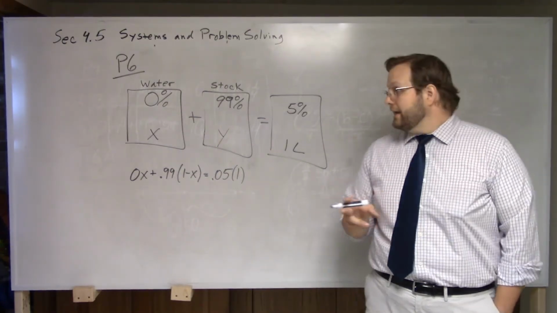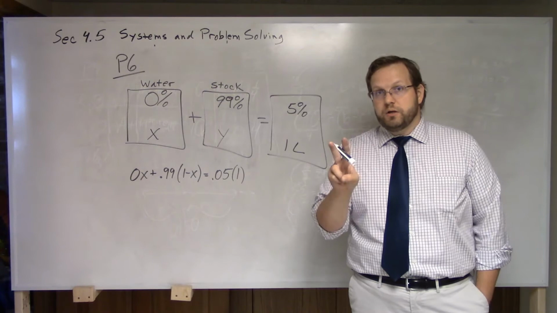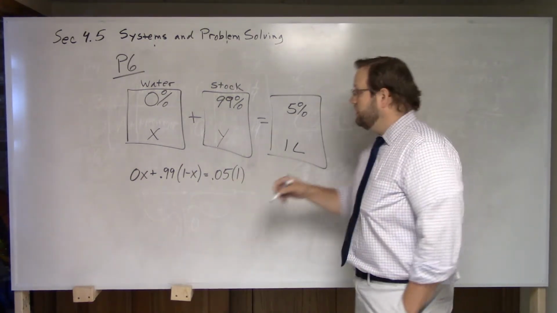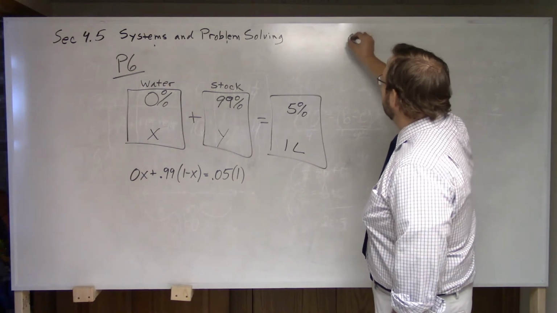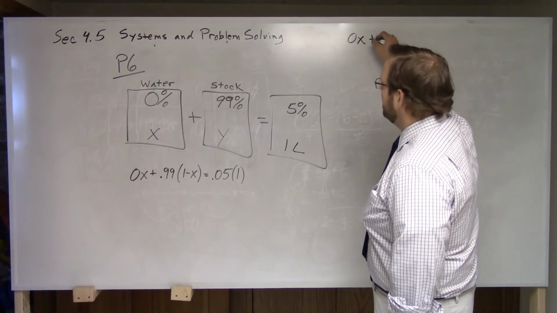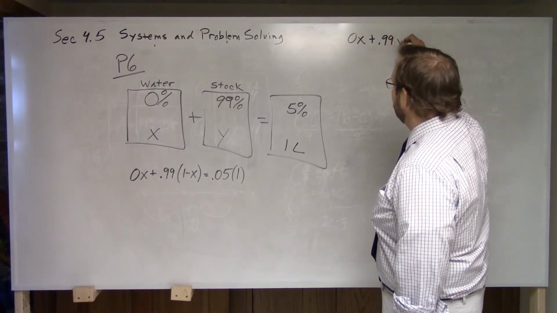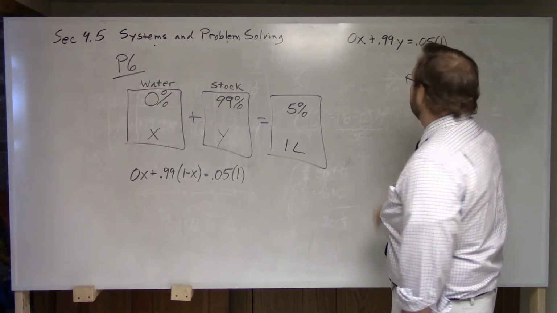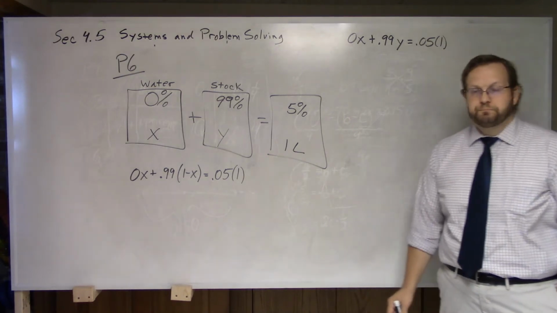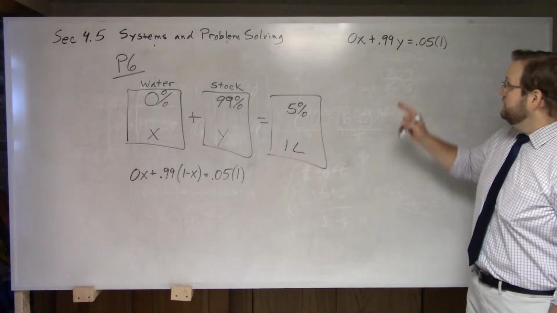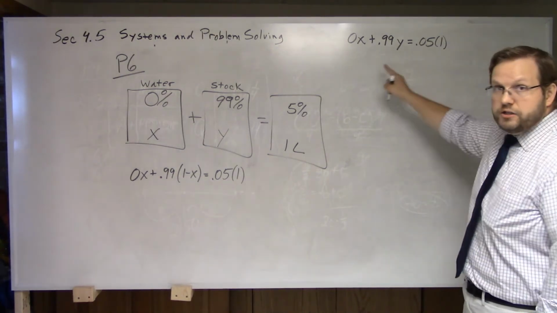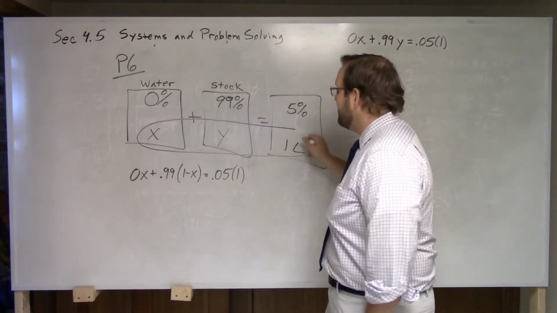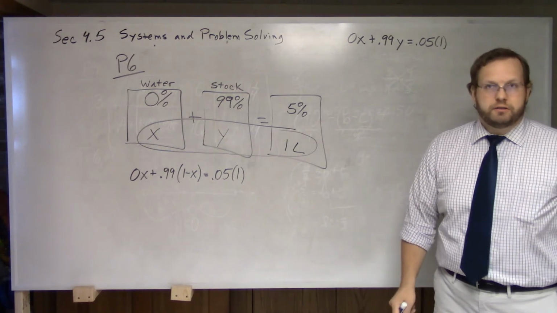Now when I do that, I have two variables, I need two equations. Your first equation is going to be just like this one, where we would say 0 times x plus 0.99 times y equals 0.05 times 1. Okay? Now, for the second equation, we are going to use all of these amounts that we have along the bottom.